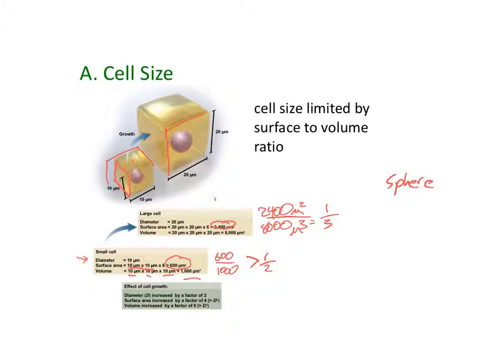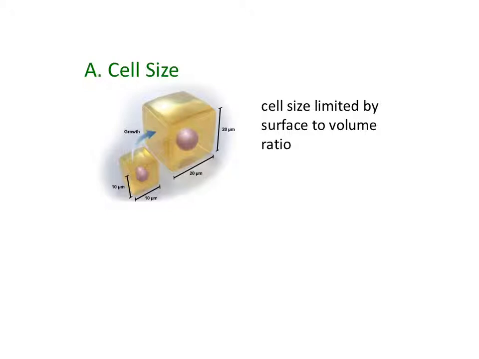The surface area of a sphere is 4 pi r squared, and the volume equals 4/3 pi r cubed. The key thing is that this is a squared relationship and this is a cubic relationship. What this really means is that as the cell grows, volume increases faster than surface area.